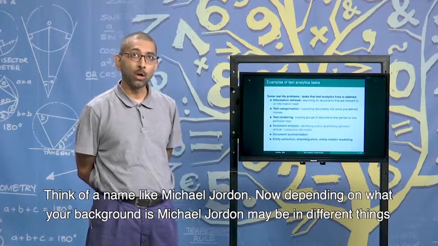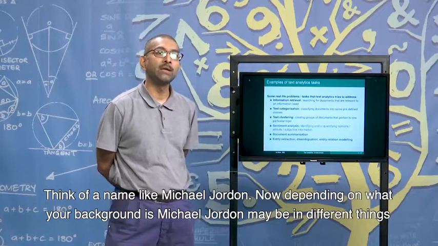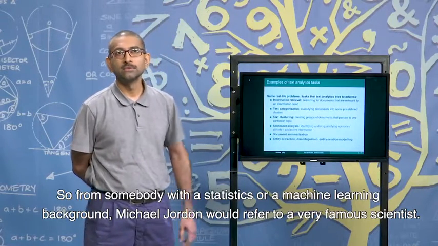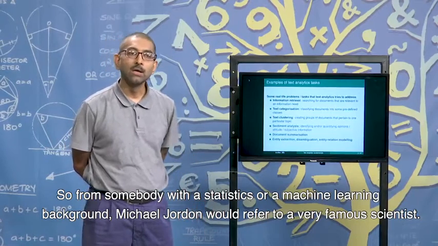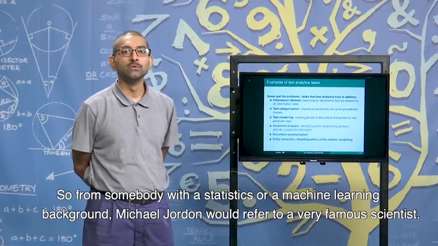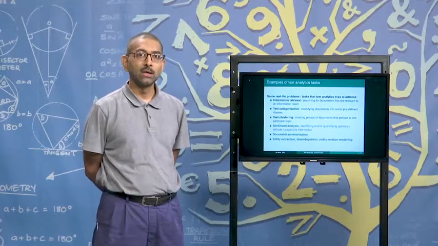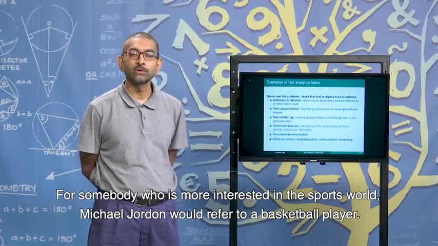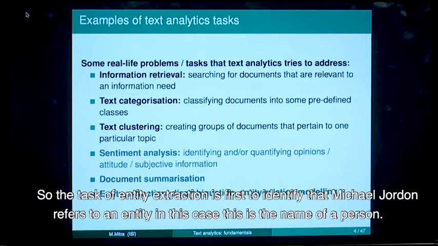Depending on your background, Michael Jordan may mean different things to different people. To somebody with a statistics or machine learning background, Michael Jordan would refer to a very famous scientist. For somebody more interested in the sports world, Michael Jordan would refer to a basketball player. So, the task of entity extraction is first to identify that Michael Jordan refers to an entity, in this case the name of a person.